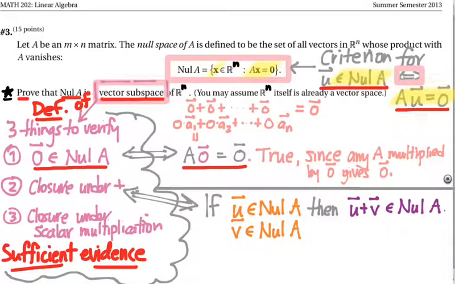Again, using our translation machine up here, we can translate membership in the null space of A to the property of becoming 0 when we multiply by the matrix A. If I do that, that turns these from set statements into algebraic equation statements. So if u belongs to the null space of A, what does that mean about u in equation form?